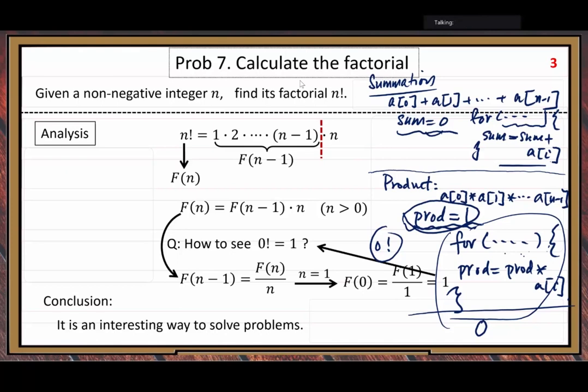So that's another way to understand why 0 factorial equals 1. It makes sense, because you're taking consecutive products and the initial value is 1. If you do not do any work, it's 1. It's not 0.